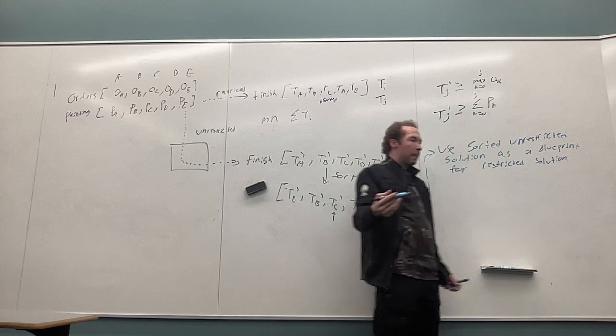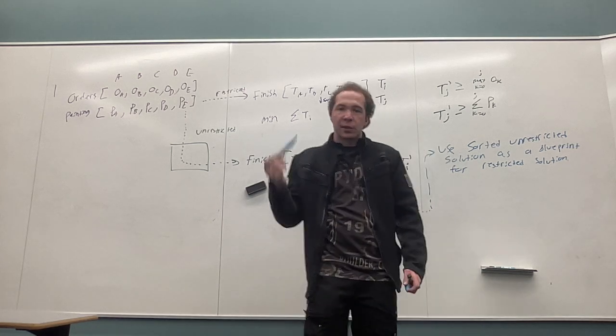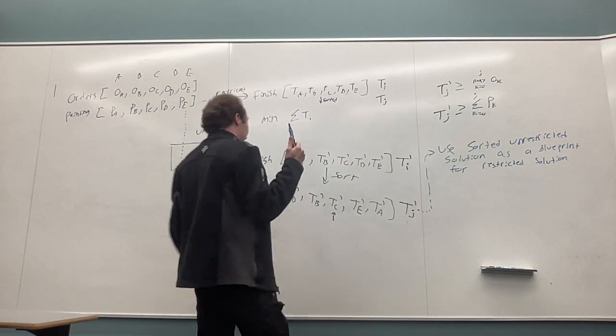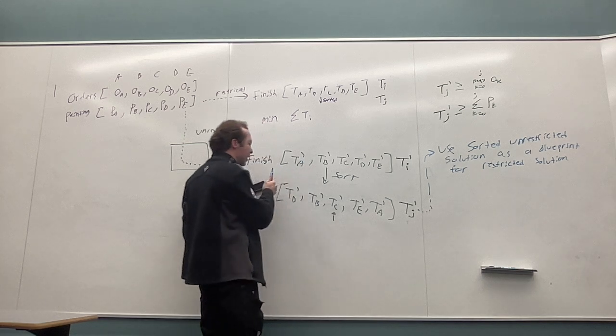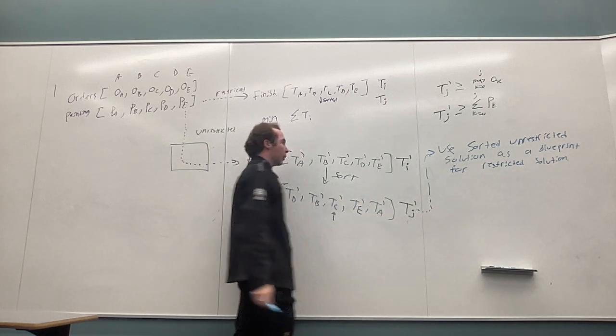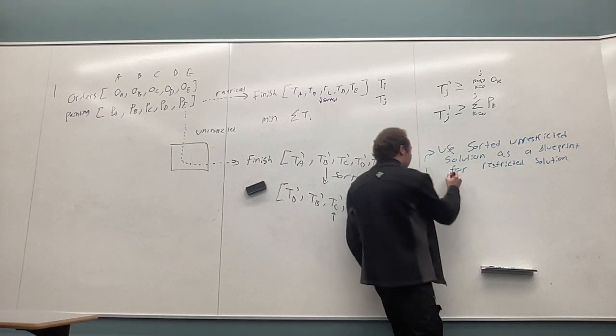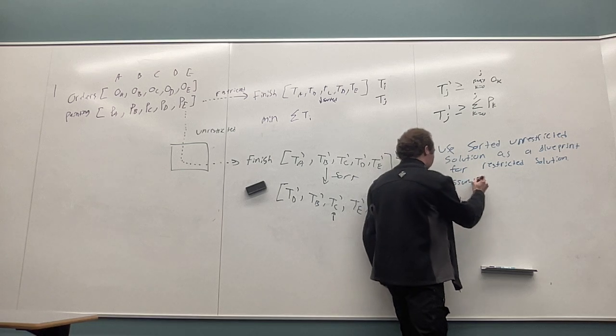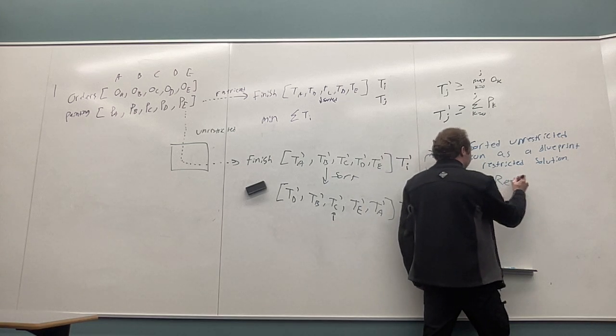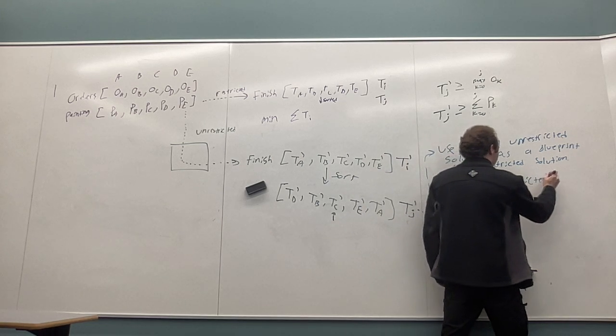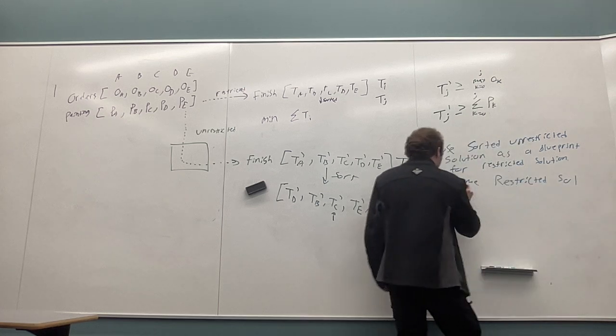So here's how we do that. We're going to assume that the restricted problem finished painting in the same order that the unrestricted one did.